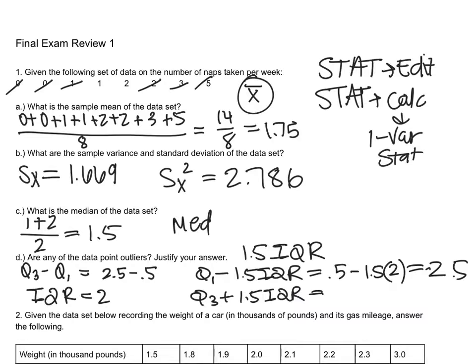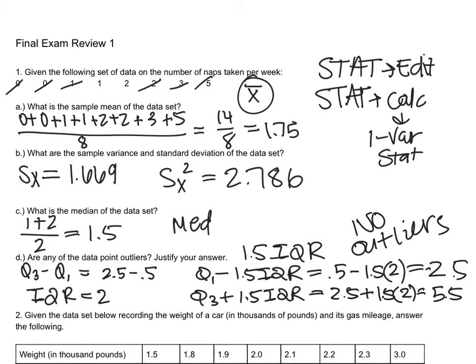And for our second possible outlier, we're going to take quartile 3, which is 2.5, and add 1.5 times 2, which gives us 5.5. Since none of our values in our data set is below our quartile 1 value after we use the 1.5 IQR rule, or above the quartile 3 after using the 1.5 IQR rule, there are no outliers.